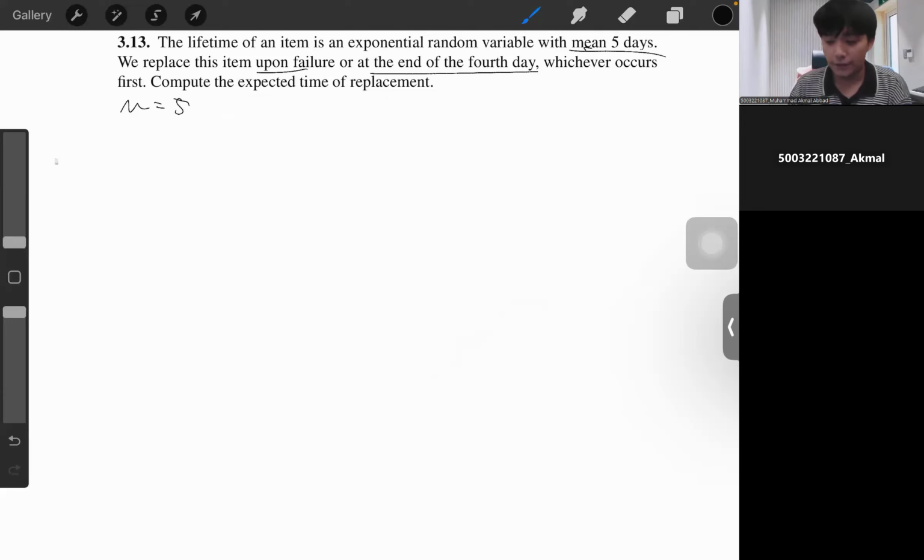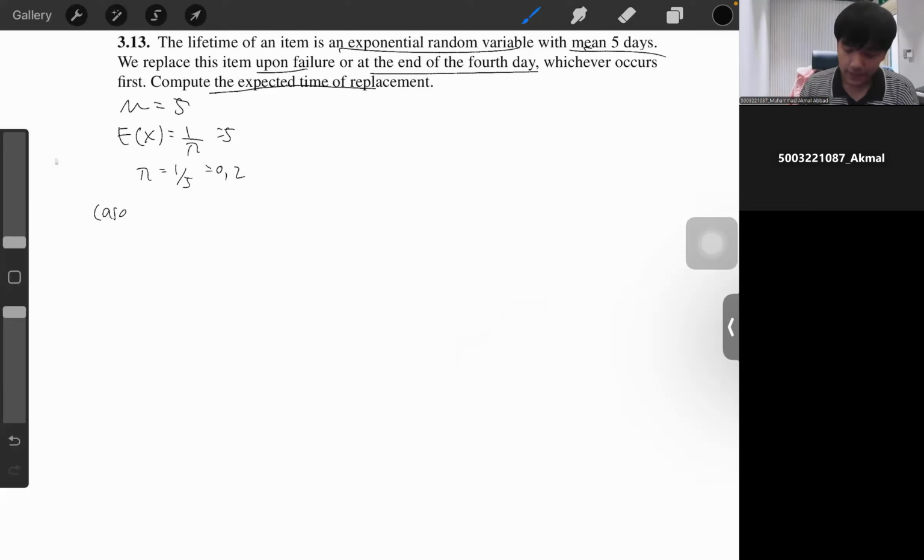Whichever occurs first. So we need to compute the expected time of replacement. Since it's an exponential variable, we can calculate lambda: 1 over 5, which is 0.2. And we have two cases in this question.